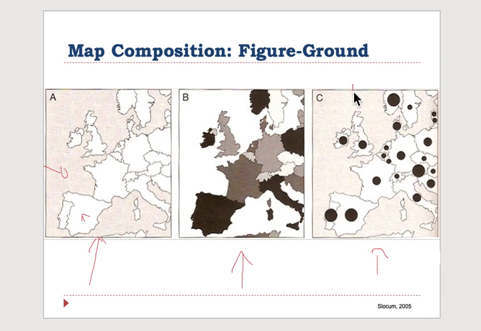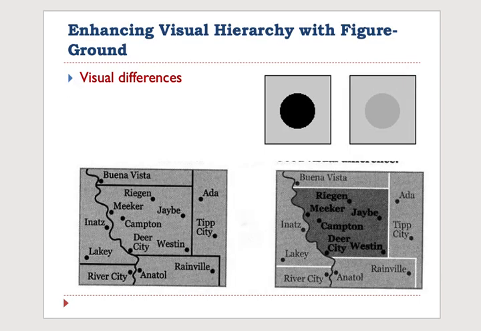So we are seeing our ground as the water, our continents, and then our symbology of point features representing the size of the data in certain geographic areas. And here we're looking at visual differences. So this one pops out more than this example.